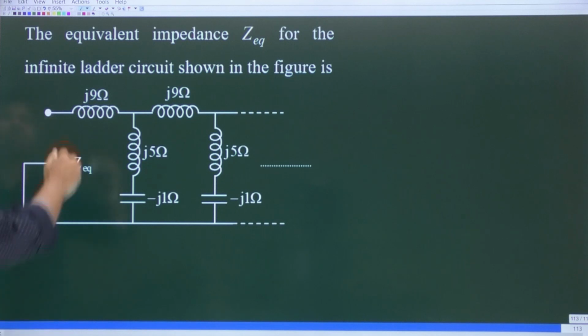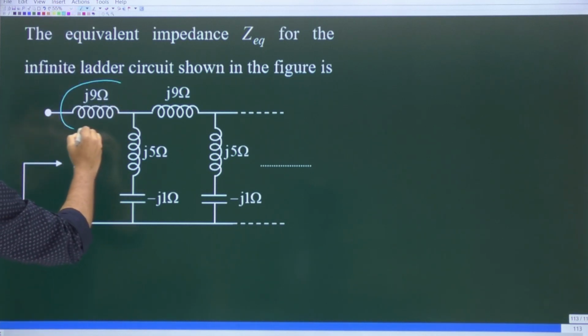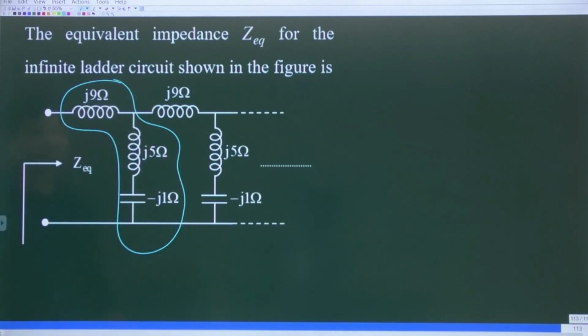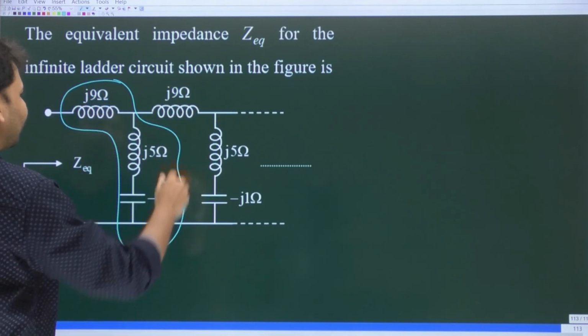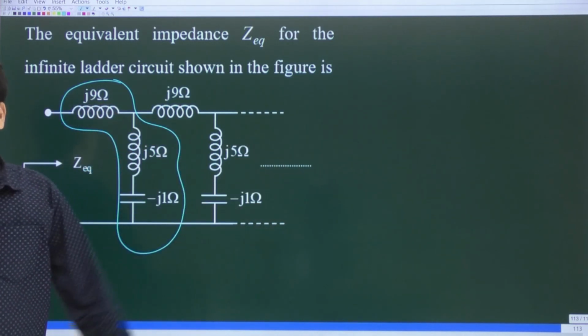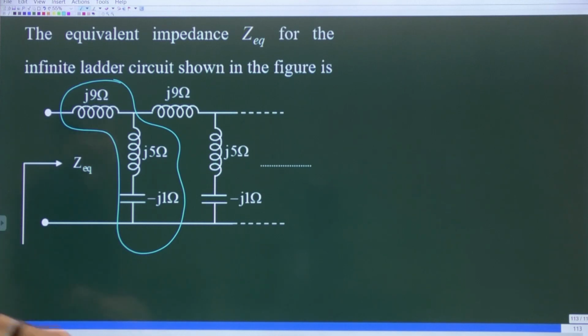So let us identify one unit section. I'll just highlight one unit section. Please look at this section, j9 and then j5 in series with minus j1. Is it not this thing that is getting repeated? Yes or no? This section will get repeated infinite number of times between these 2 points.